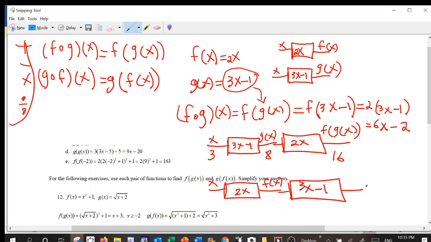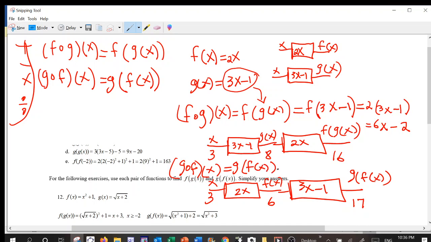Now what comes out here is g of f of x. So now if we put the same input here, let's say 3. 3 goes here, and it comes out as 6. 6 goes here, 3 times 6 is 18, minus 1 is 17. So notice that g compose f of x is not the same as f compose g of x.